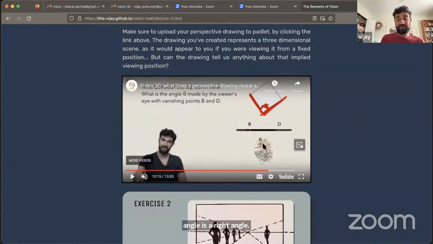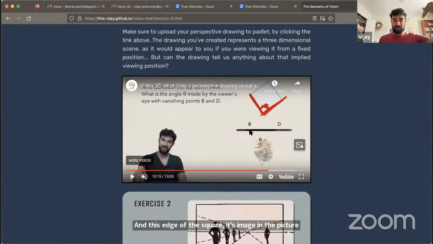So what that tells us is that if we imagine drawing these two sides of the square, the viewer's sight line will keep going and going along this line in space till it gets to this limiting sight line, which intersects the picture plane at point D. So this line of the square is going to converge to the point D on the picture plane, and this edge of the square, its image in the picture plane, is going to eventually converge to the line B, if you were to follow it along infinitely far beyond the square.